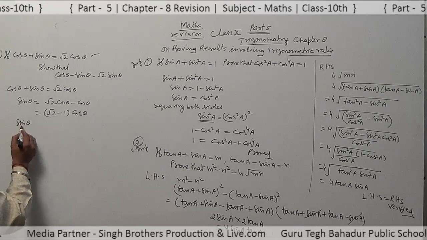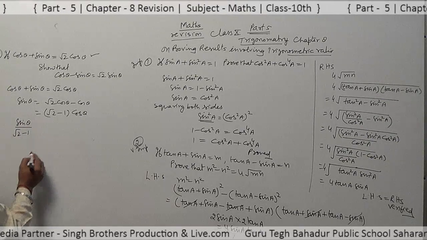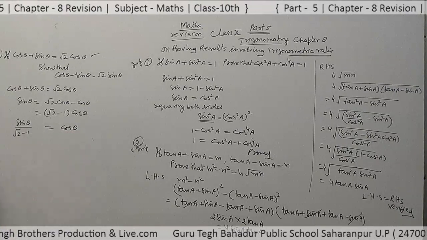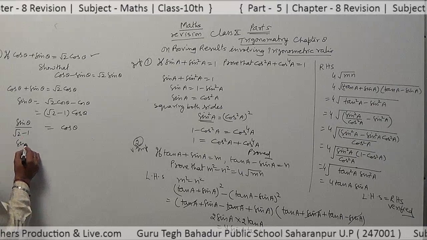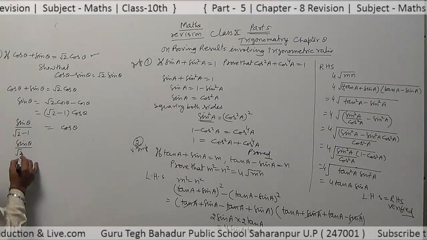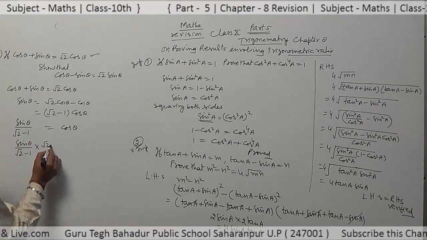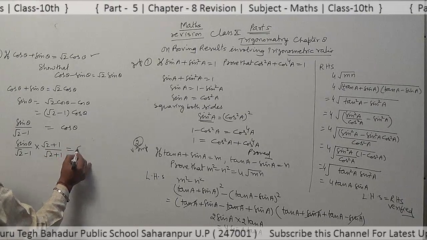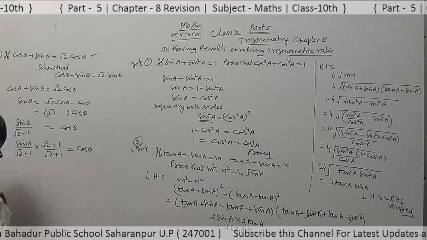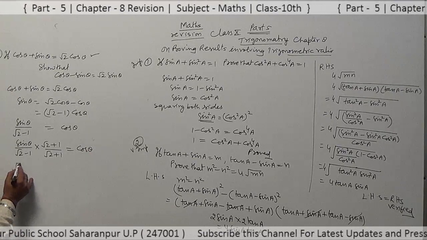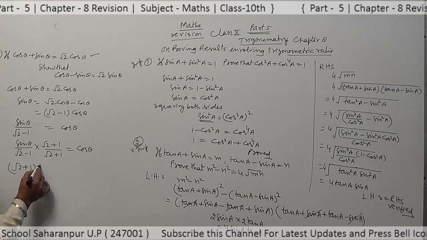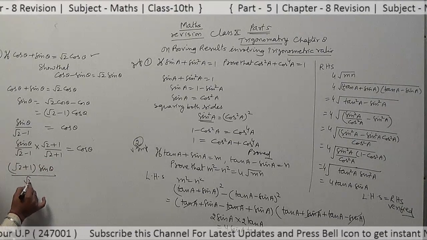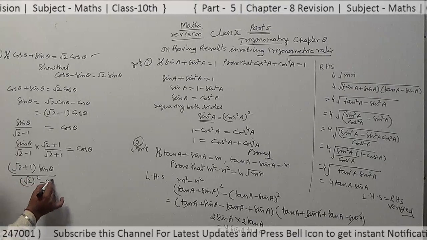sin theta is equal to cos theta times root 2 minus 1. Multiply with its conjugate, root 2 plus 1 upon root 2 plus 1. So root 2 plus 1 times sin theta; a minus b, a plus b is a square minus b square.